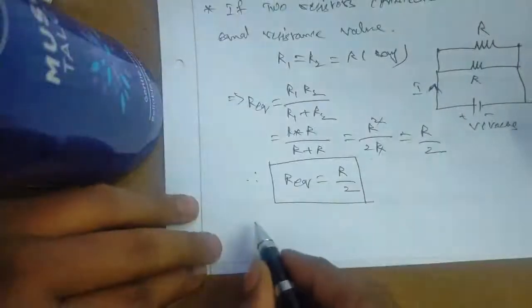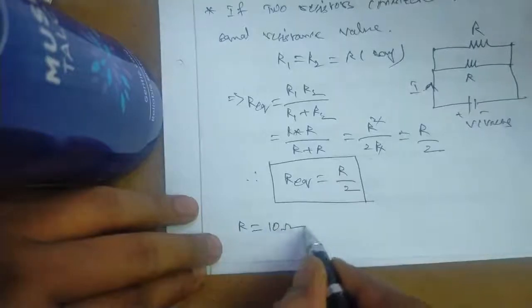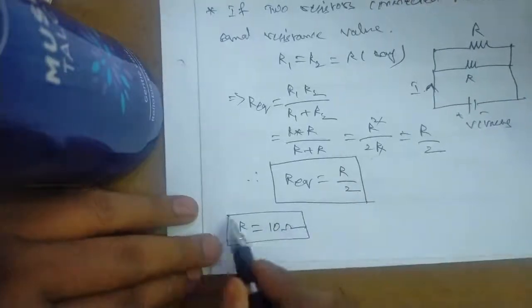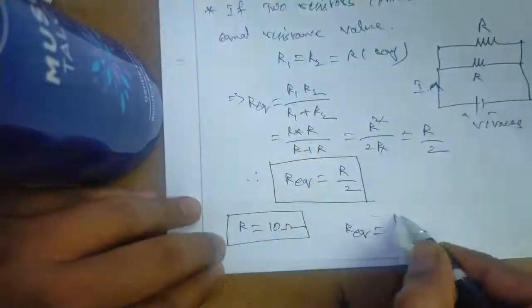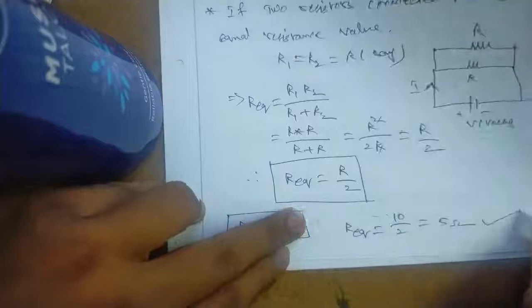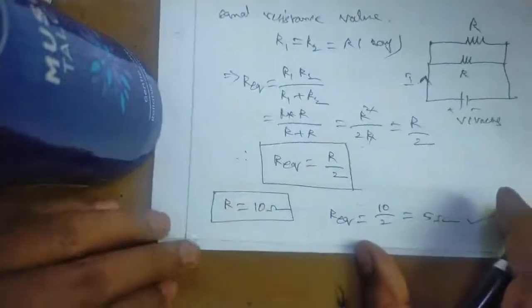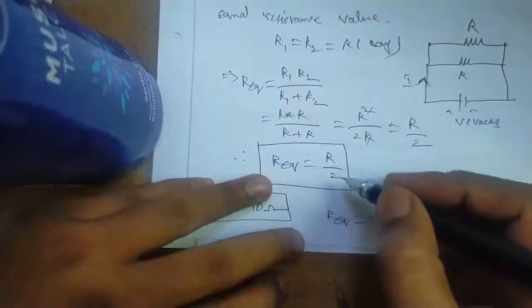For suppose if two resistors are connected in parallel with resistance of 10 ohms each, then what is R equivalent? It is half of this, that is 10 by 2, it is 5 ohms. If two resistors are connected in parallel in the sense, what is the equivalent resistance? It is half of that.